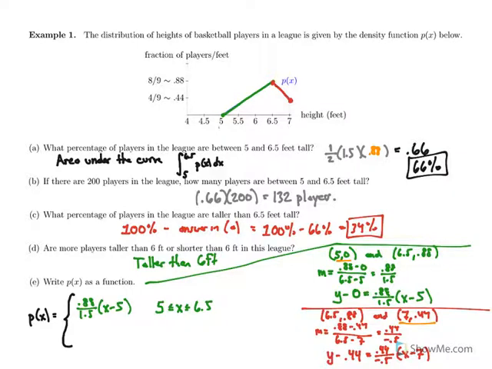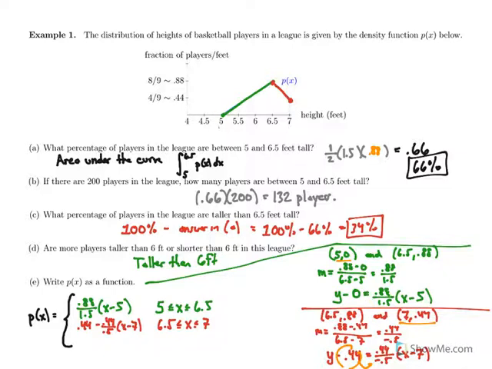Plugging this in, we have y equals 0.44 minus 0.44 over 0.5 times x minus 7. This is for x in between 6.5 and 7. Note that we are adding 0.44 to the other side there.